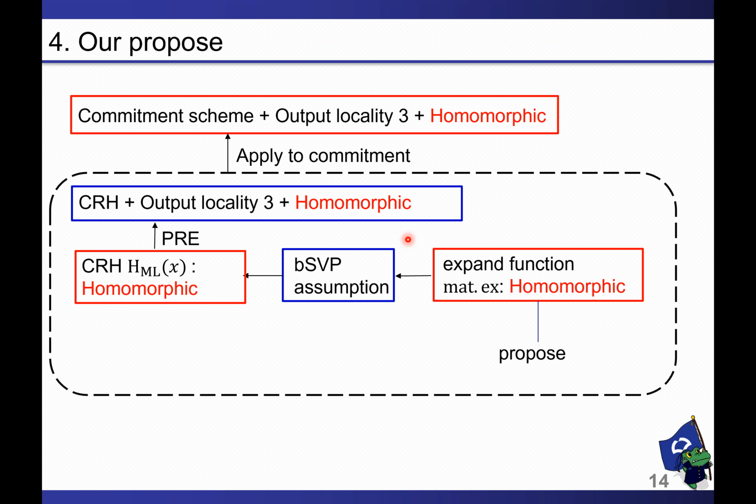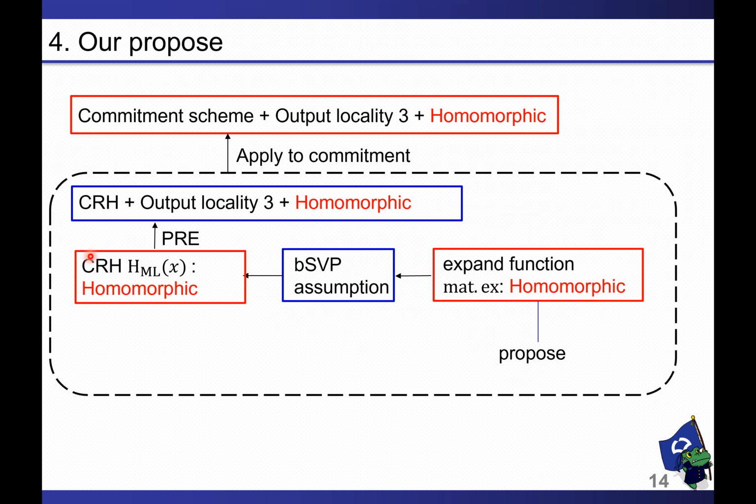Okay, so finally, we will propose our results. Before we talk about our results, we will talk about the abstract of our results. So we propose the expand function, a homomorphic one named MATX. We propose MATX and apply the bSVP assumption by using MATX. And we construct a collision resistant hash function named HML based on the bSVP assumption.